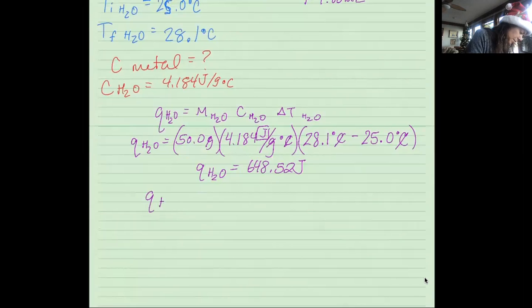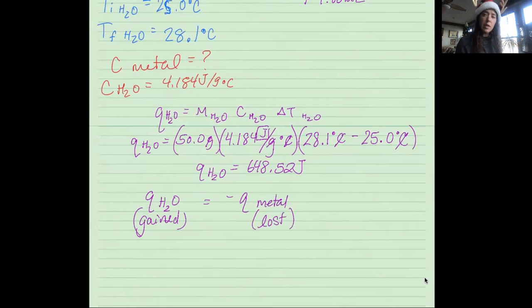Recall that the heat lost by the water, that was actually gained, I'm sorry. The heat gained by the water is equal to the heat lost by the metal. The water warmed up because we put the hot metal in it.